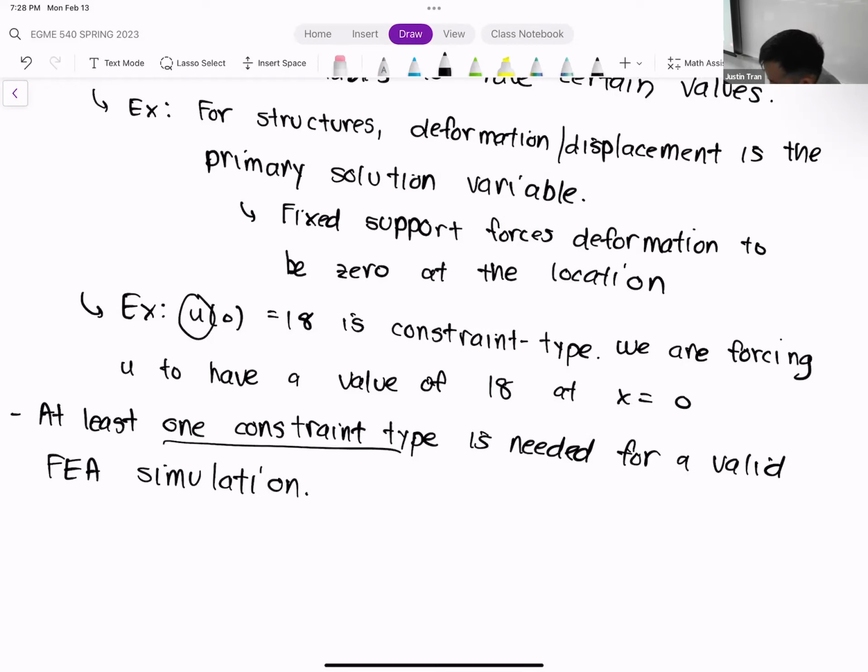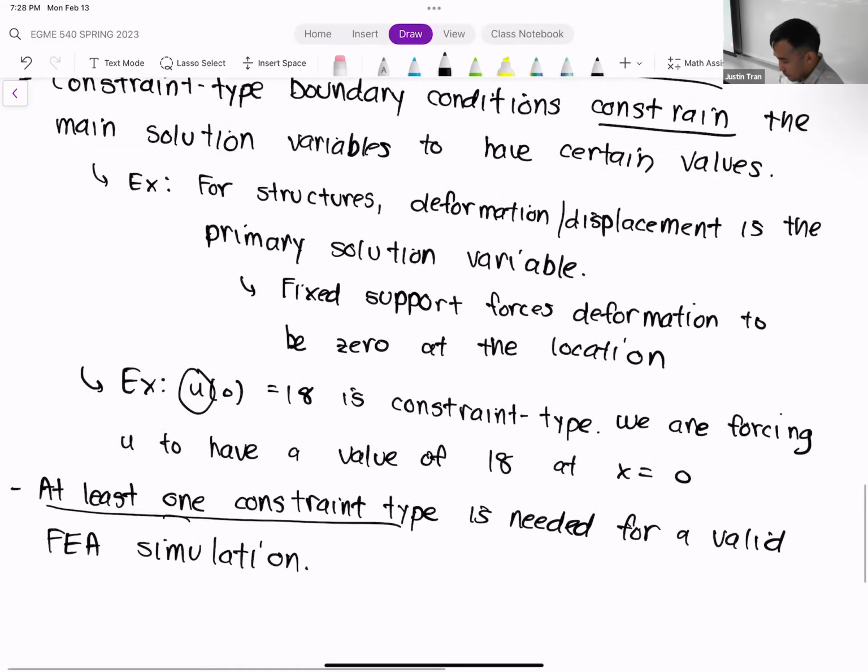You need to have at least one. If you don't have at least one constraint type boundary condition, ANSYS will literally not let you run the simulation at all. Okay. So why is this?